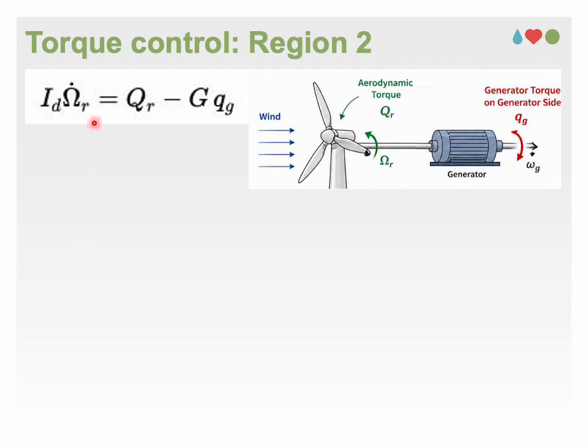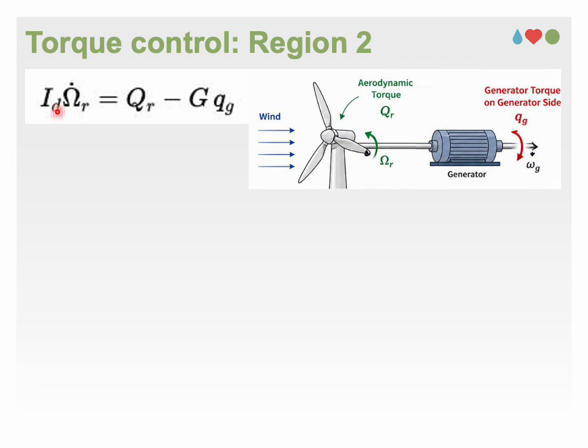After deriving the relationship for Qr and Qg in the previous slide, we now derive the rotor dynamic equation for unsteady conditions using Newton's law, as force is mass multiplied by acceleration. For rotor speed of omega r, acceleration is the time derivative of omega r, as shown here, and mass is rotational inertia, Id.